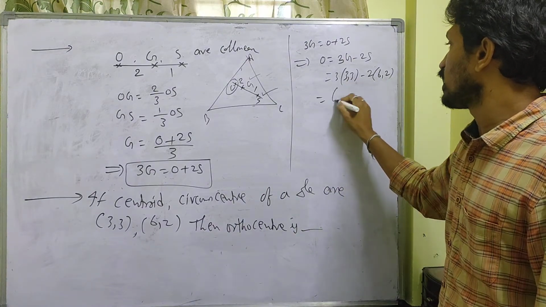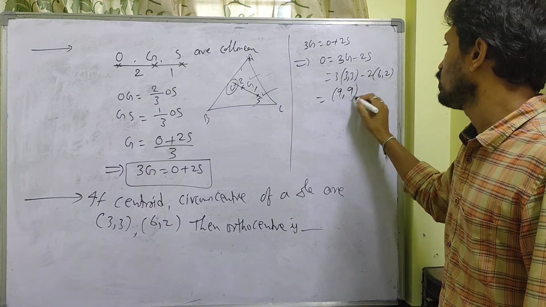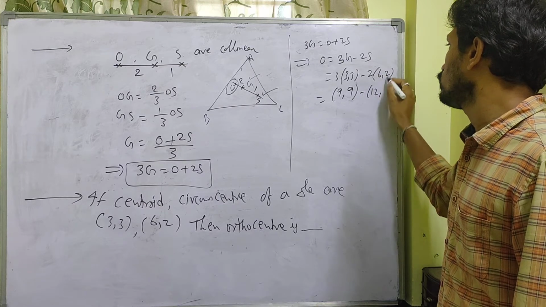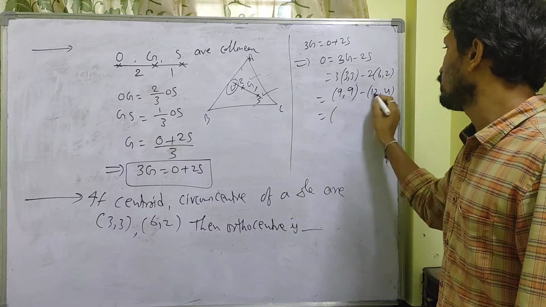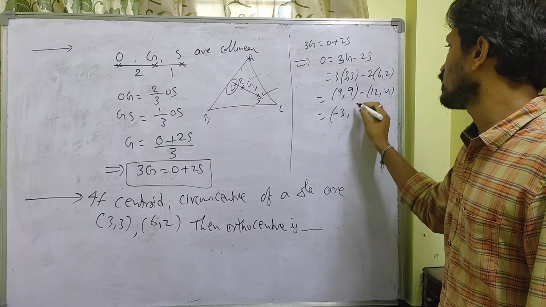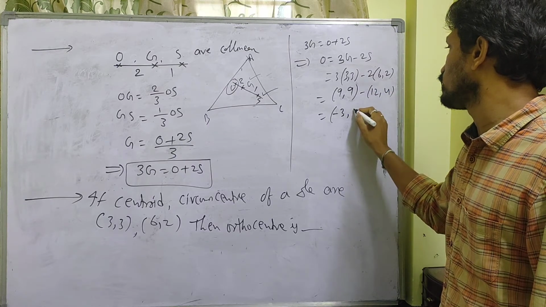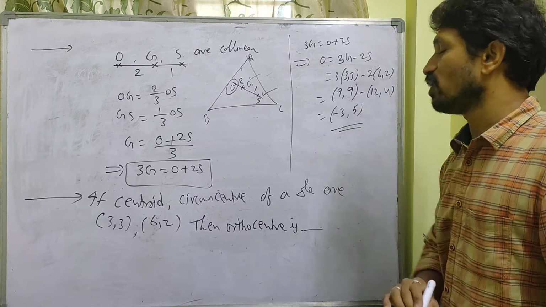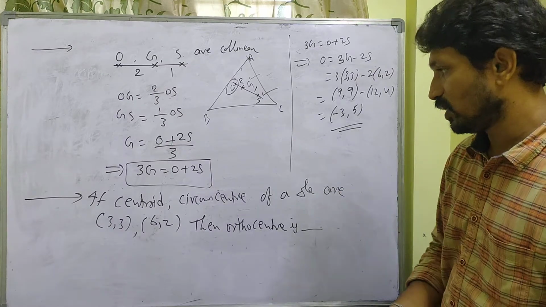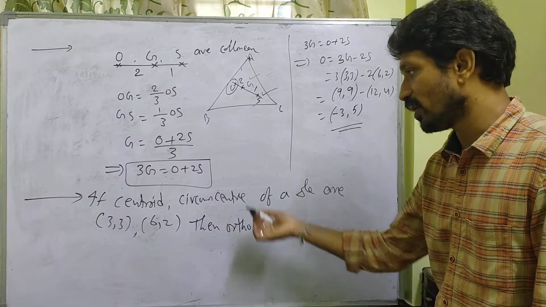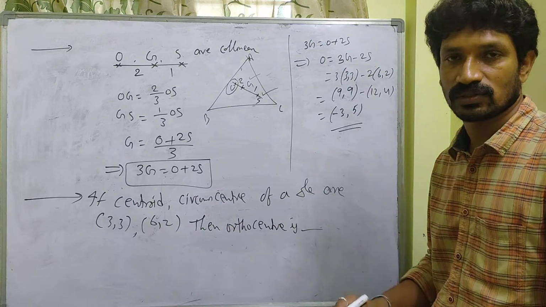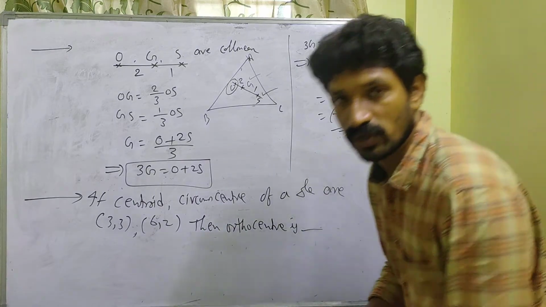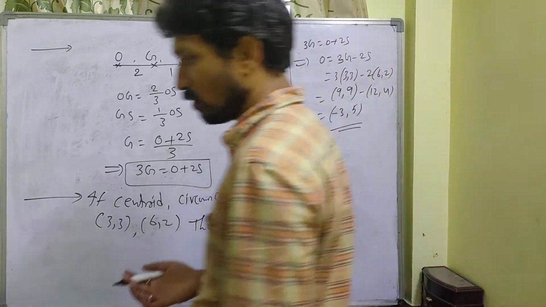So 3 threes are 9, 9 minus 12, that is minus 3; 3 twos are 6... 9 minus 4, that is 5. So minus 3, 5 is the orthocenter of the triangle. Clear? Like that you do the problems.